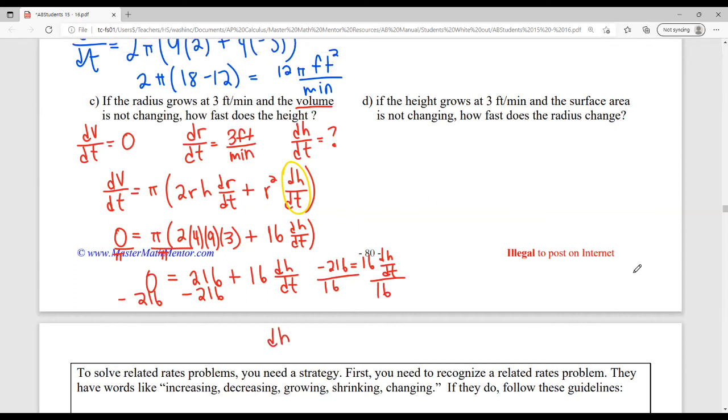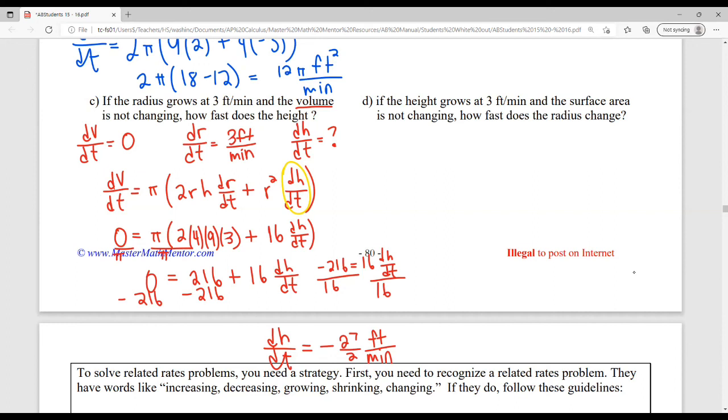So dH/dt is equal to negative 216 divided by 16. Since it's negative, we know the height is actually decreasing in this case. And that simplifies to negative 27 over 2, or negative 13.5 feet per minute. Because the units for height are just feet.